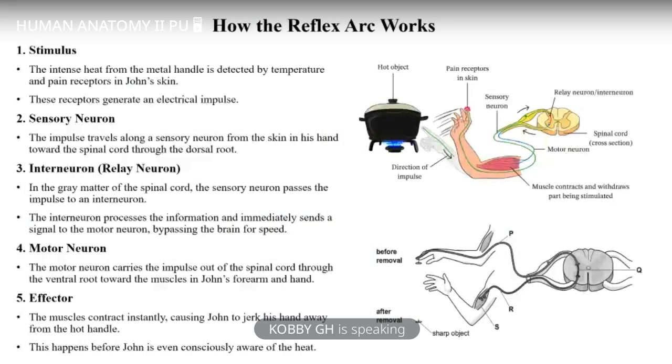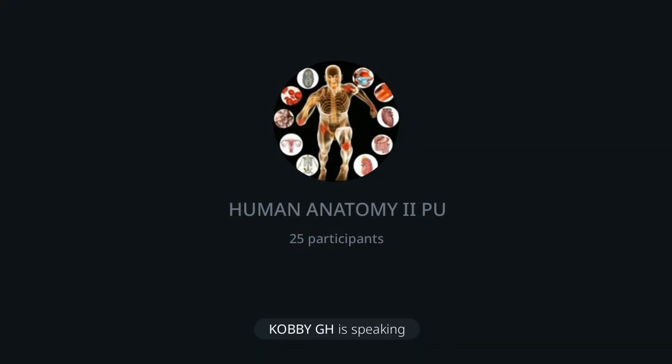Who can describe reflex action? Yes. Yes, who can describe reflex action?